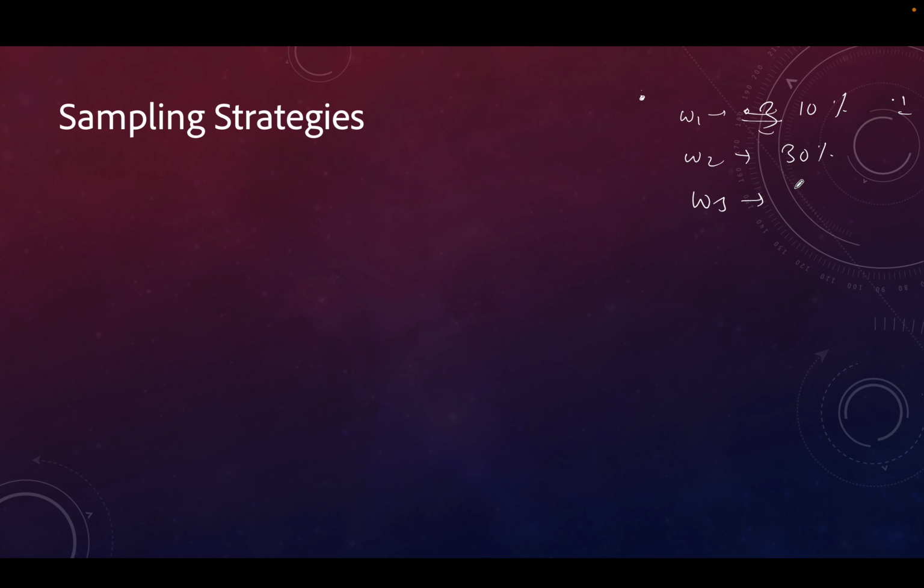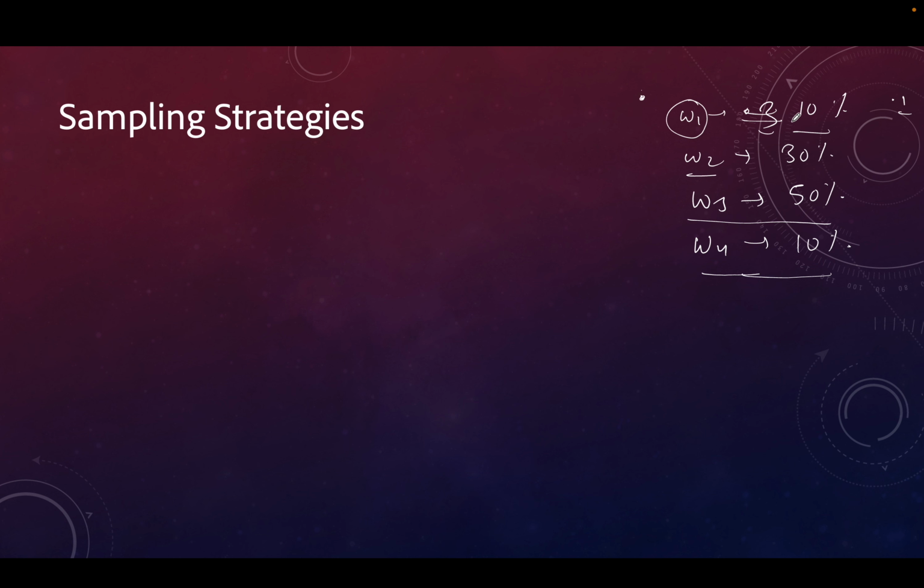W3 has a probability of, let's say, 50%. And let's say W4 has a probability of 10%. So instead of always picking W3, we will sample in such a way that the probability of picking W1 would be 10%, equal to their probability of occurrence.